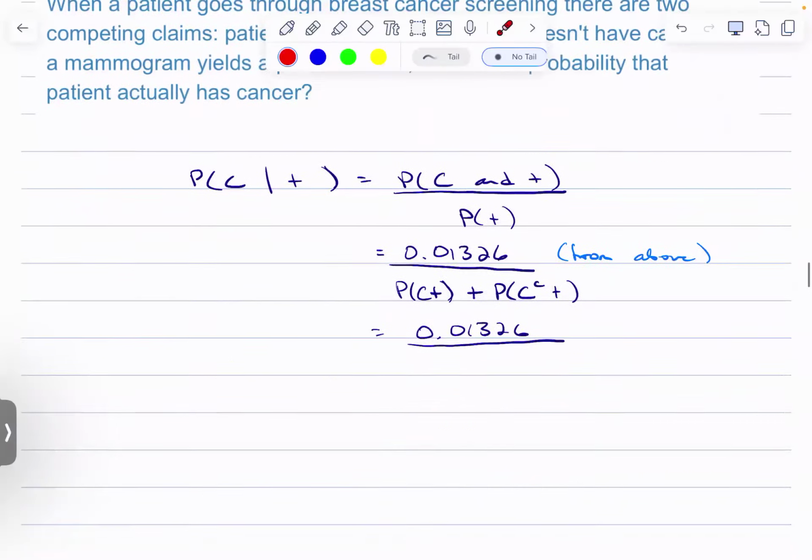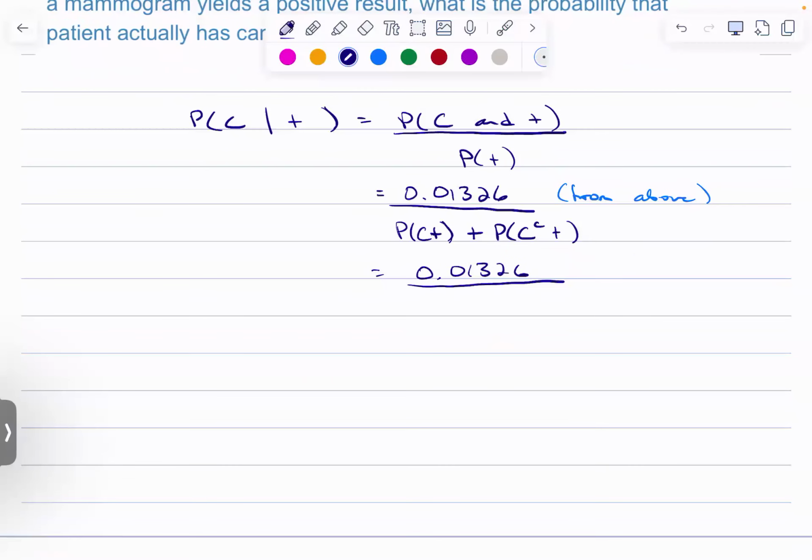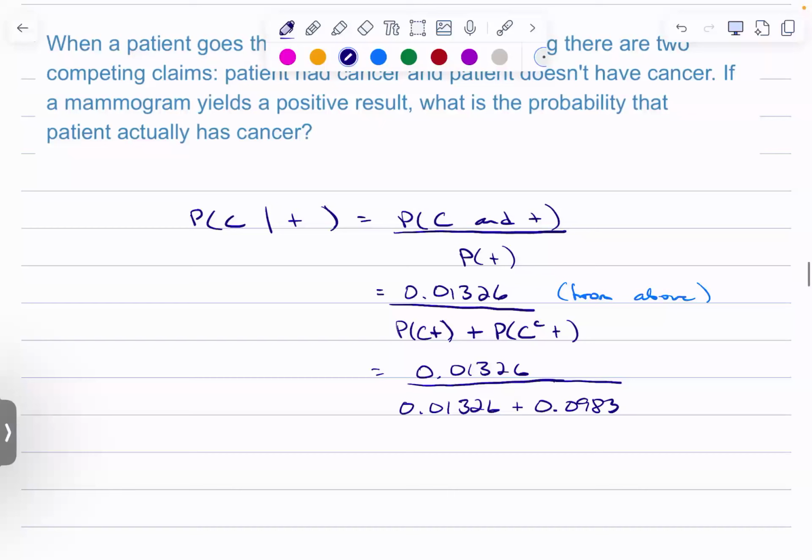Yeah. And so I get 0.01326 plus 0.0983. You're more than welcome to figure out what the probability of testing positive is separately and then incorporate it, but I just want to show you that you could do it all in one go.